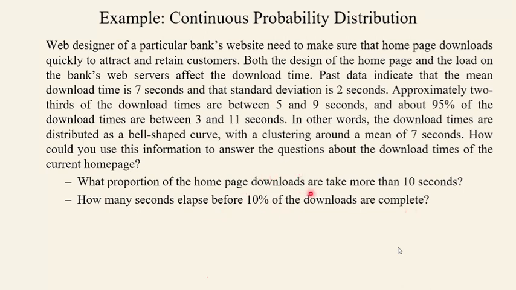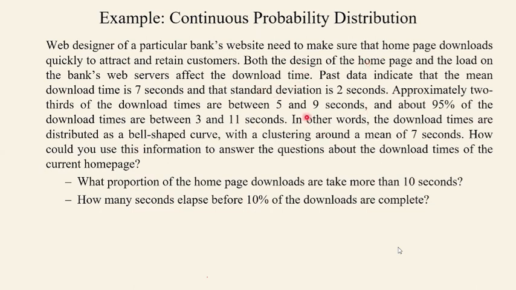So if we want to provide answers to these questions, then we have to look at the distribution related to a bell-shaped curve, right? Most of our business-related variables or economic variables all have an approximately bell-shaped curve, right?